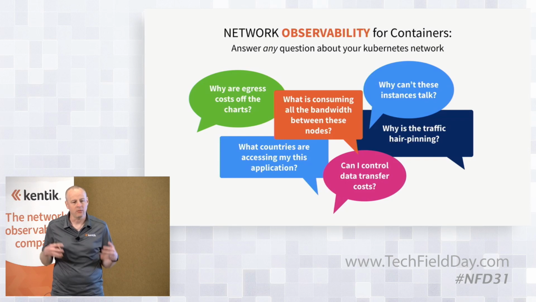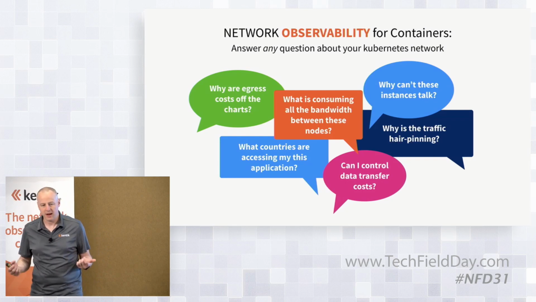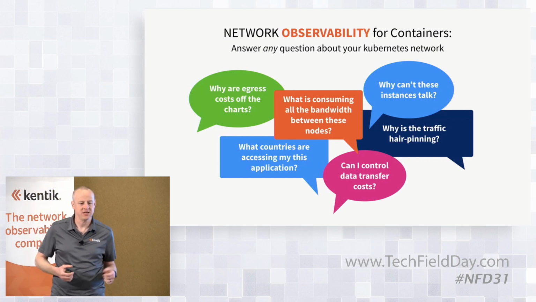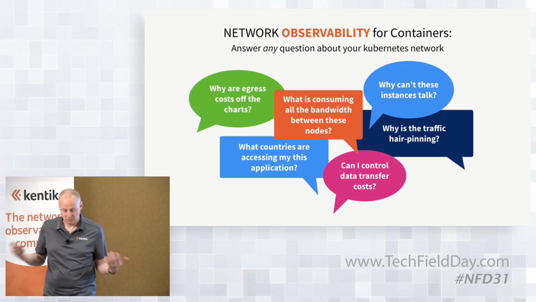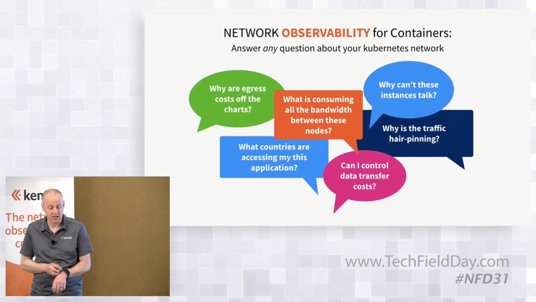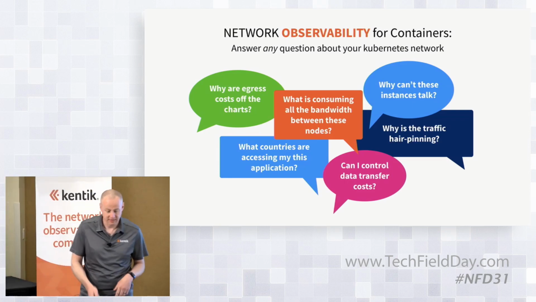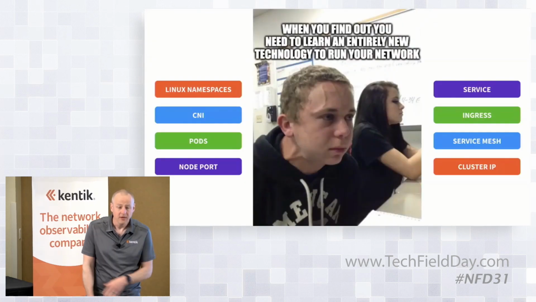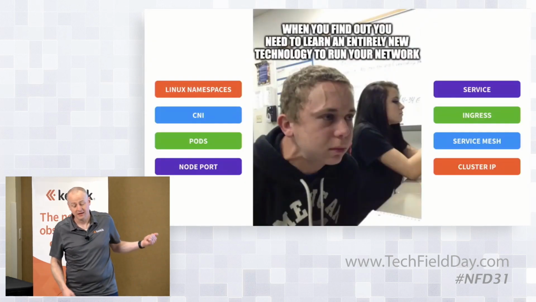What's talking to what? Why are my instances not able to talk? So if I spin up two different microservices of an application, they're running on two different nodes, they're not able to communicate. What's causing that? How do I troubleshoot that? These are some of the types of questions that we hear from our customers that they're struggling with when they move into containerized workloads.